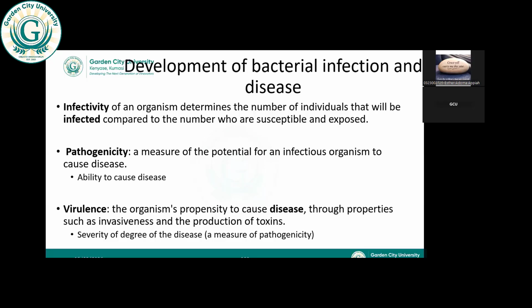Yes, sir. So they result in disease. So always, if it's about infectious disease, infectious disease will always be preceded by the infection. The infection comes first before the disease will occur. Those abnormalities that will be shown.